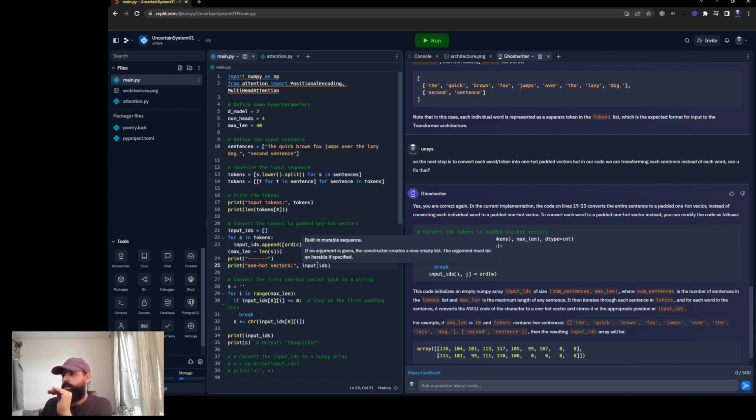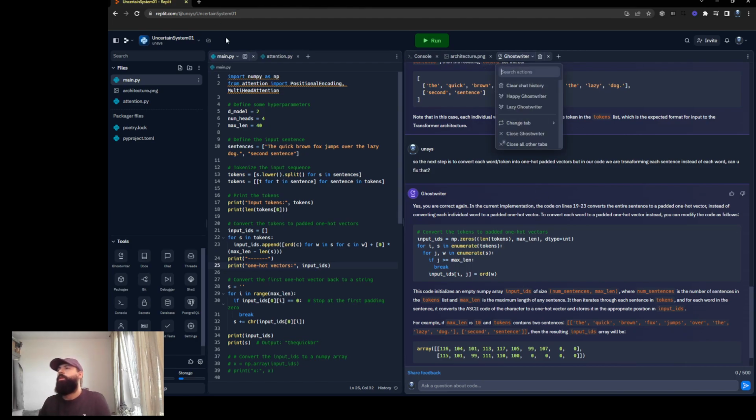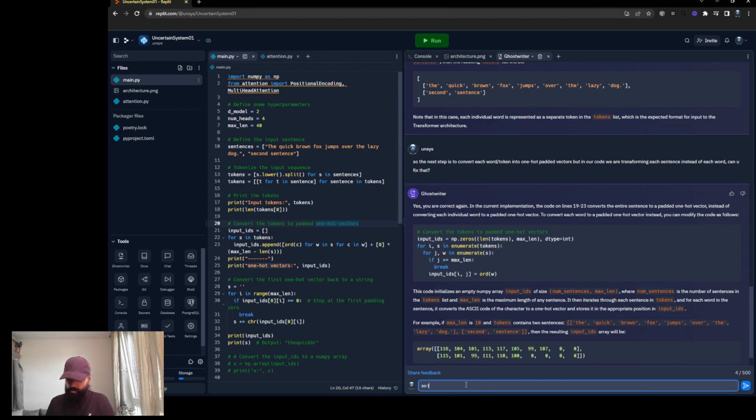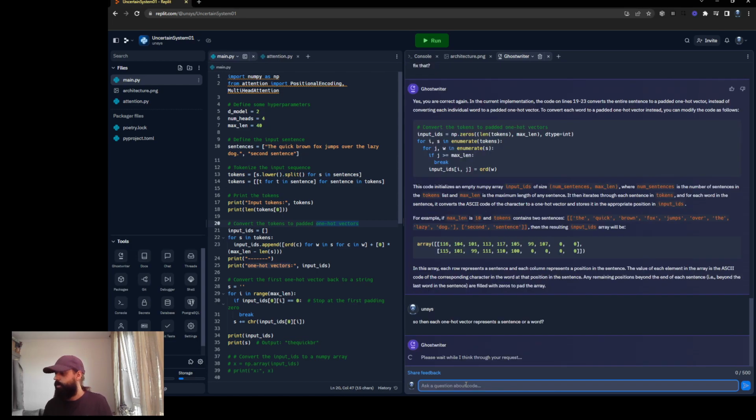So this means the one-hot vectors are essentially, that's the problem when I ask what the one-hot vectors are, it tells me the one-hot vectors are, so then one-hot vector represents a sentence or a word or a token or a word.